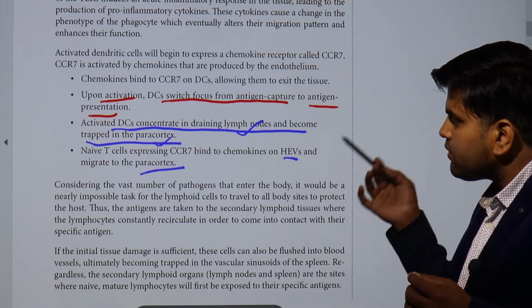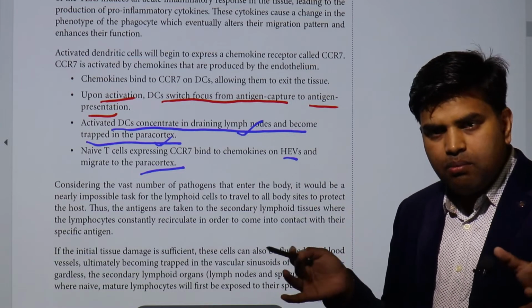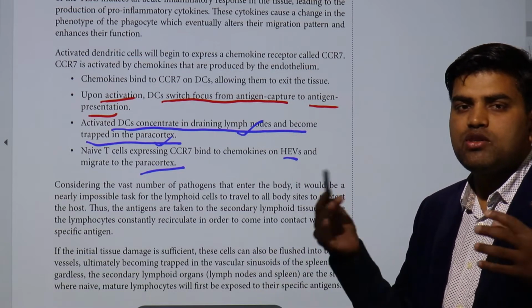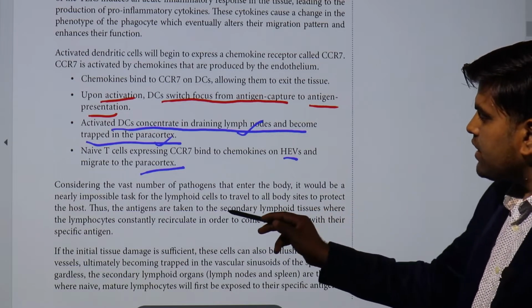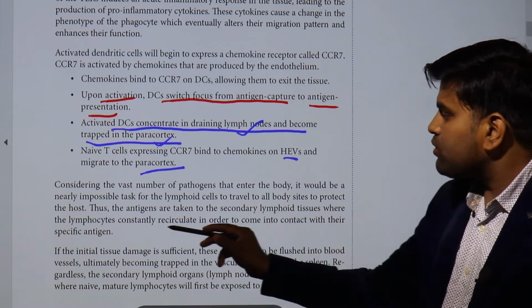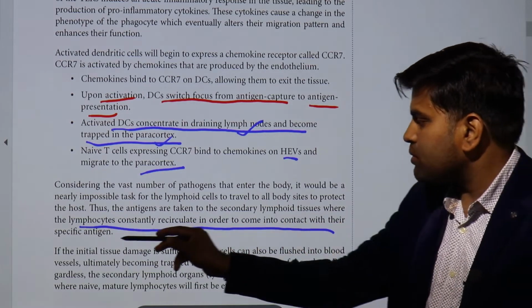So it's the role of the antigen presenting cell to capture the infection from the different parts of the body and bring it to the local regional lymph node, and that is feasible. Thus the antigen is taken to the secondary lymphoid tissue, where the lymphocytes constantly recirculate in order to come in contact with their specific antigen.